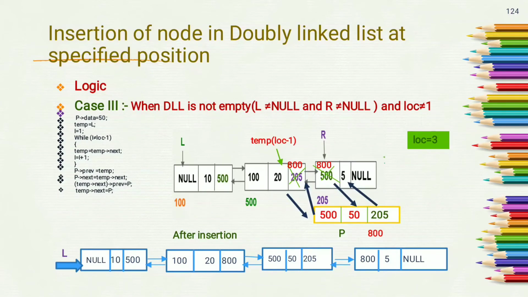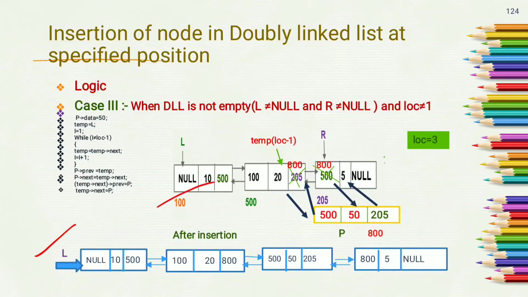So first you have to update the previous pointer of this node, then you have to update the next pointer of this node. So how do we update the next pointer of temp? By writing temp arrow next equals to P. Now temp link contains 800, that means temp is pointing to this node, as this is the next node of temp. So after insertion we will get 4 nodes in the doubly linked list.